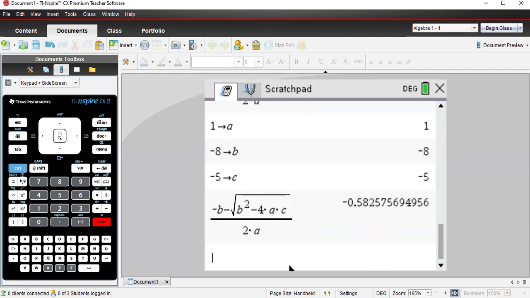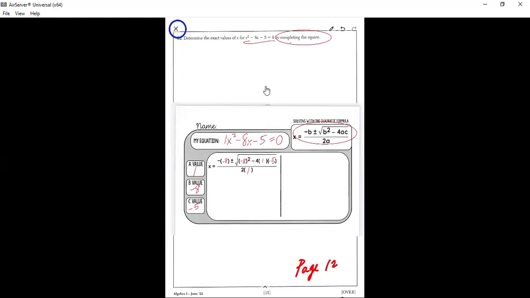And this problem doesn't want decimals. It said I want the exact value, and the exact value is not a decimal. It has to be in the form of a fraction. So how am I going to do that? Because it's irrational. Irrational means that it can't be converted to a fraction.